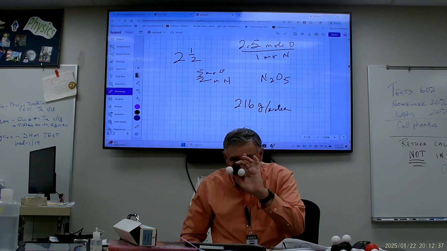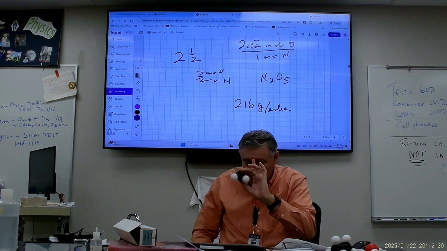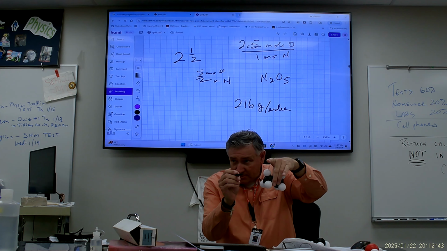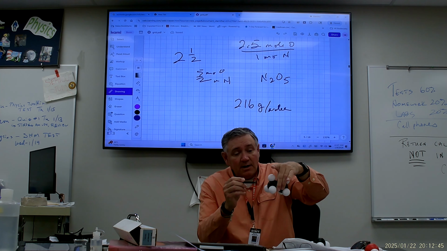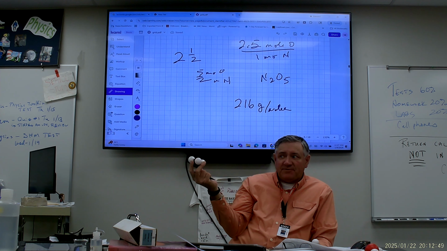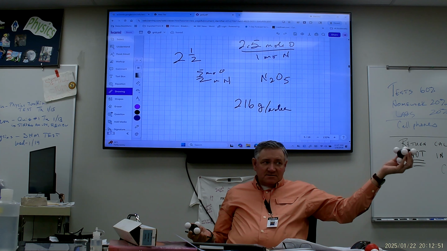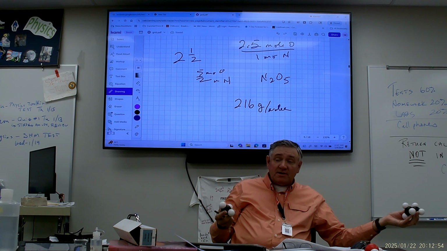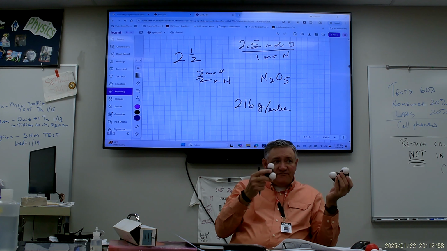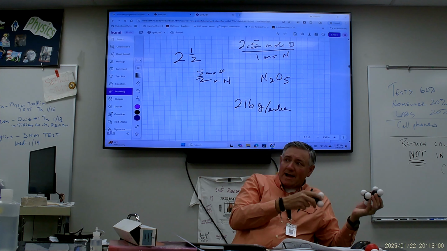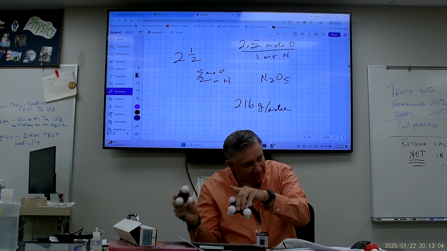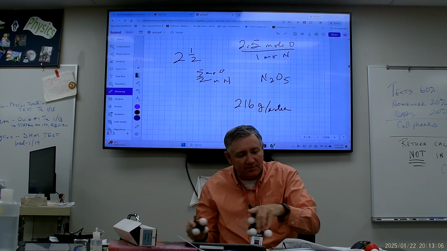So the molar mass of this would be 15 grams per mole. The molar mass of this, because I'd have 2 carbons, that would be 24. And then I've got the 6 hydrogens, it would be 30. So the molar mass of this is 15. The molar mass of this is 30. So that means that it's a 2-to-1 ratio. So if I can figure out the ratio of the molar masses, now I know what I need to multiply my coefficients by to get to that value.